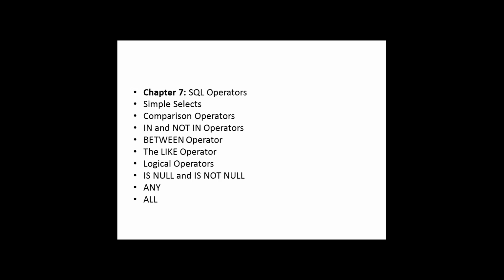The next one is the like operator. The like operator is used for a pattern search. Suppose you go to Google and do a search, and you want to get the Oracle site. You just write Oracle, and you get all the Oracle-related information from Google.